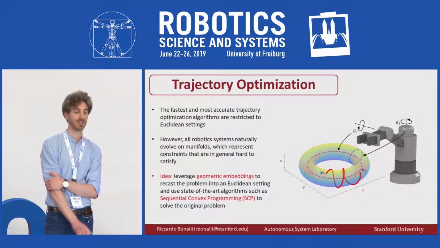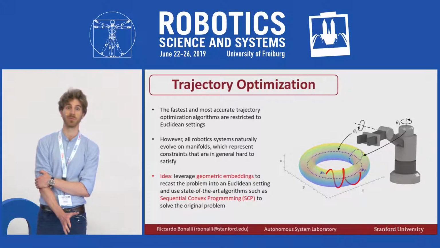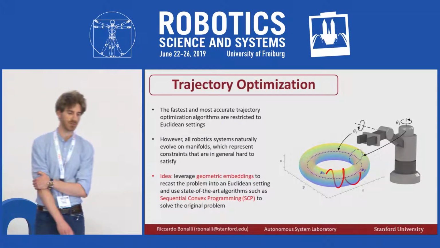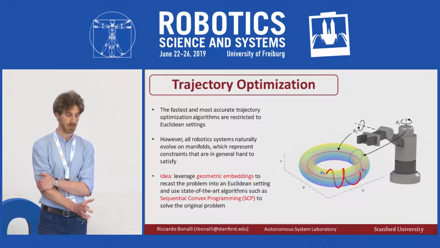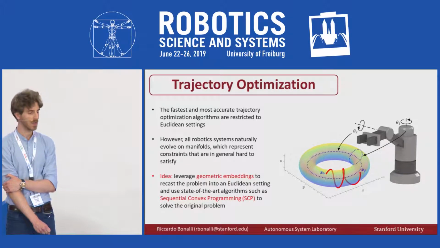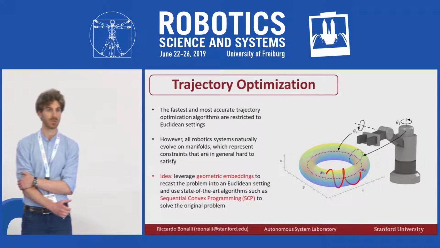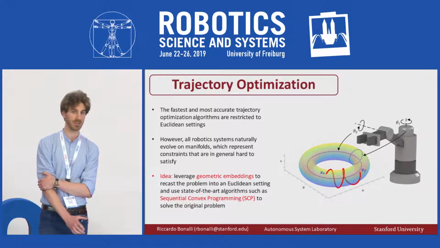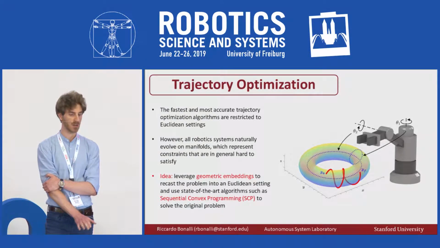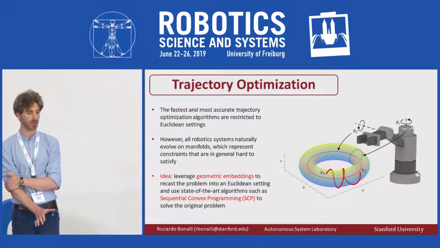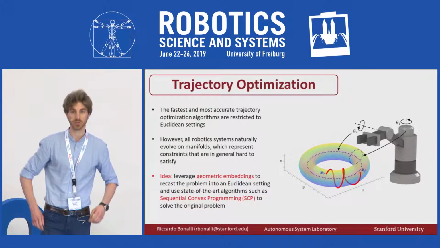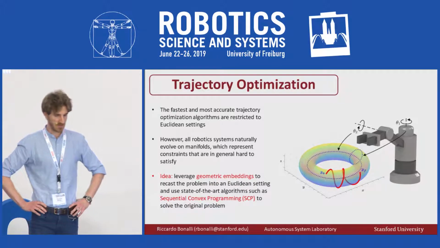However, naturally, robotic systems evolve on manifolds. An example you have in the picture, where a manipulator can be mapped to the torus. Our idea is to leverage geometric embedding to lift the original problem into a Euclidean setting and apply a state-of-the-art sequential convex programming algorithm to solve the original problem.